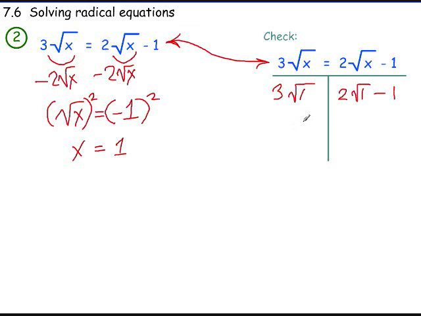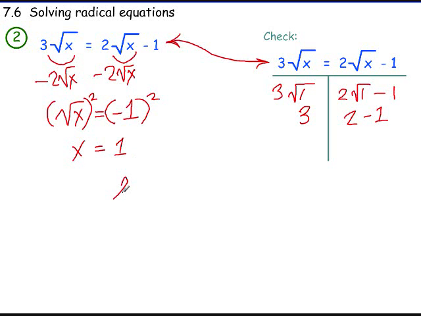The square root of 1 is going to be 1, so this turns out to be 3. The square root of 1 times 2 minus 1. Uh-oh. Doesn't work, does it?